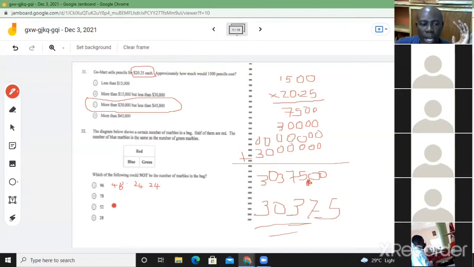You're saying that we could have 26 for the red and 13 and 13. And then we could have 14 and 7 and 7. But we cannot do it with this, because if we split this into 2, we'll get 39.